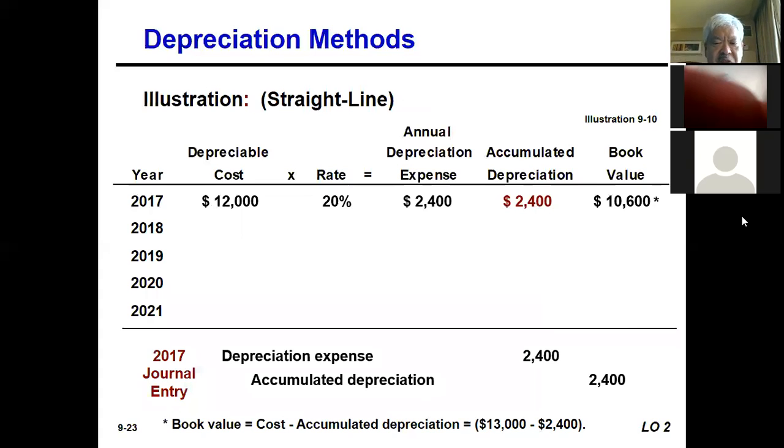So the depreciation expense is 2,400 and the accumulated depreciation is 2,400. Now remember, it's accumulated depreciation because it's not the truck itself that you're chopping a piece off of. You are just allocating part of the expense of buying the truck to the use of the truck in the operation of the business.